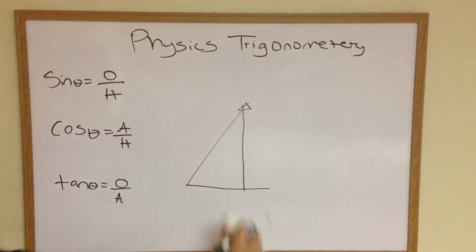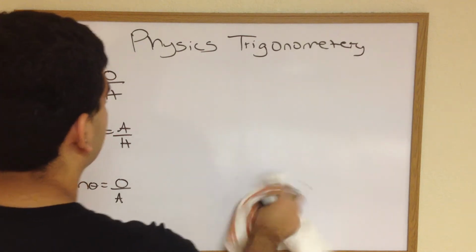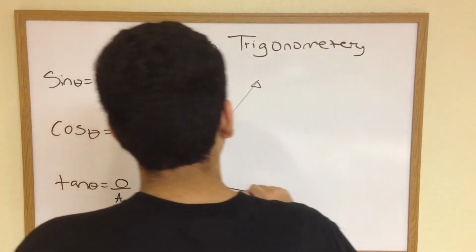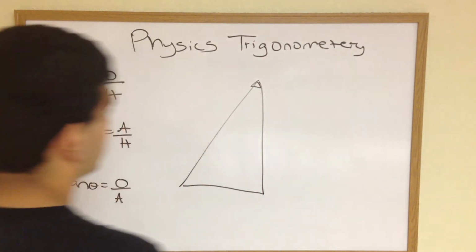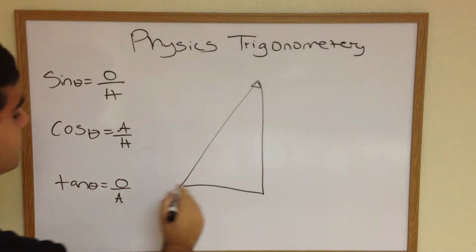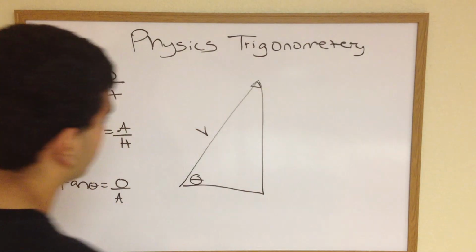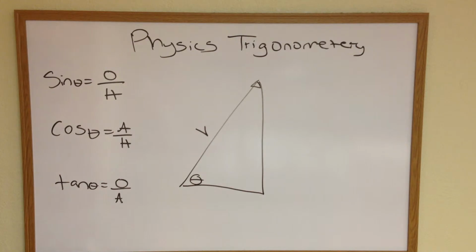Alright, this is good. So let's say it's being launched at some certain angle, theta, and it has a velocity of something. Let's resolve our x and y components.